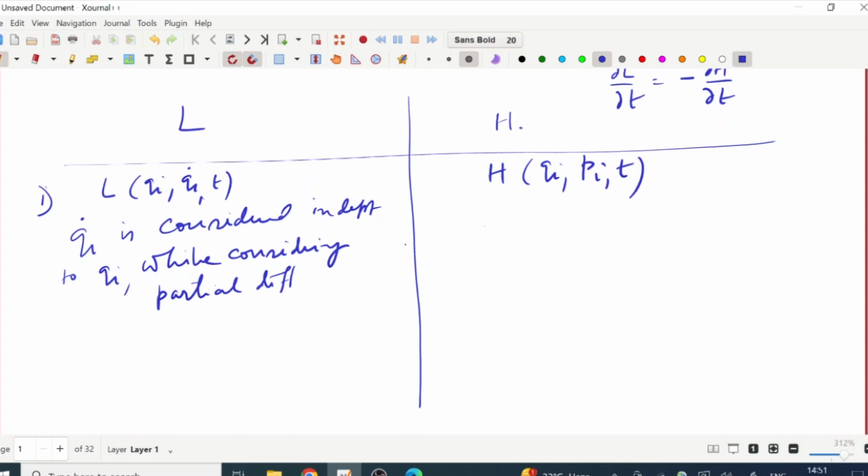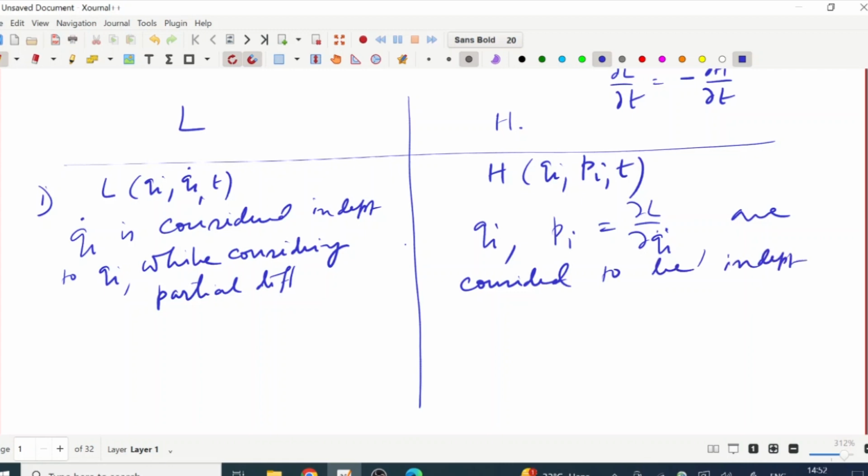And in this formulation qi and pi, which is defined from the Lagrangian as del L del qi dot, are considered to be independent variables. So, in the true sense, the Lagrangian formulation has n independent generalized coordinates, but in the Hamiltonian formulation we have 2n independent variables qi, pi.